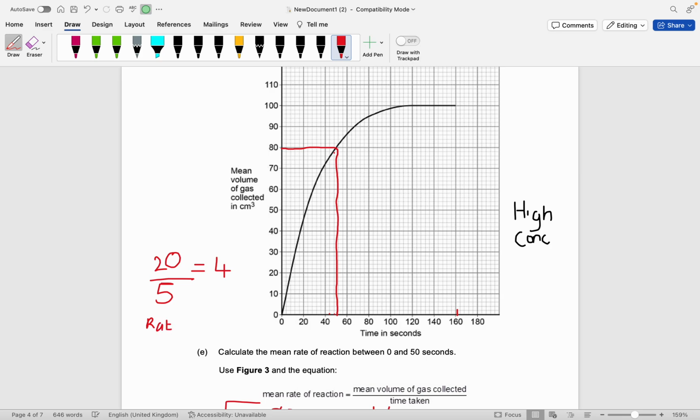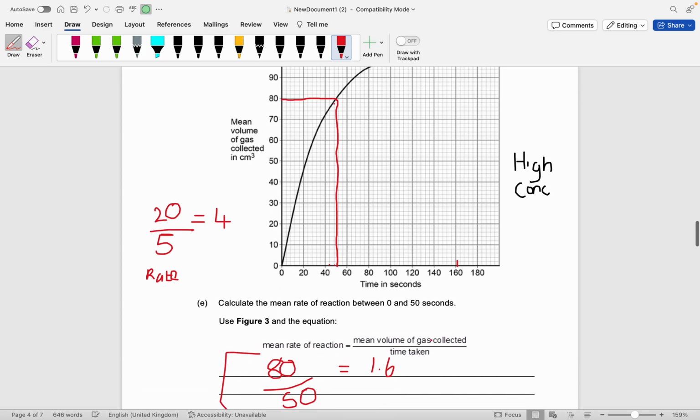Because we've basically done the mean volume, so y over the time, over x. And hopefully you all know from maths and from science that the difference in y over the difference in x is the gradient. So the rate is equal to the gradient of the graph.